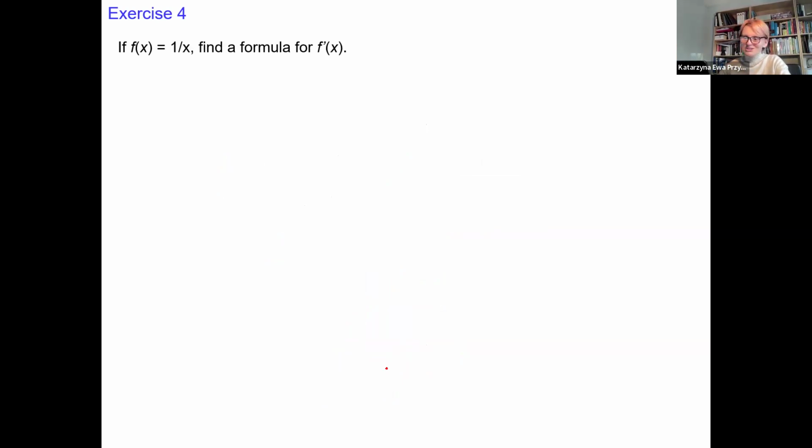1 over x is also interesting. How does 1 over x look? Let's think. 1 over x is a hyperbola in the first and the third quadrant. And is the slope always positive or always negative?